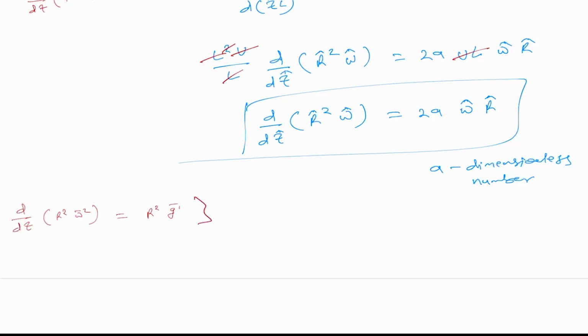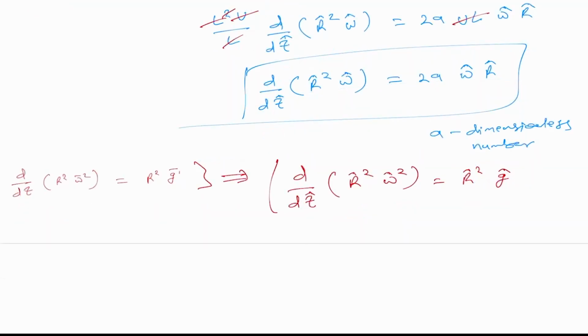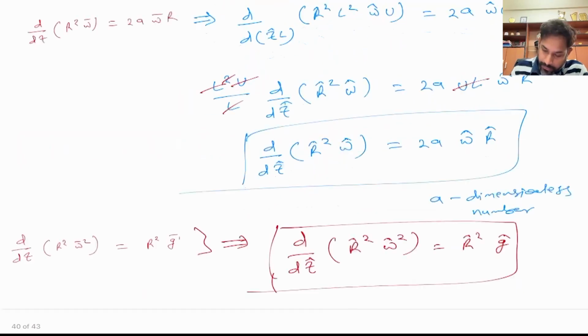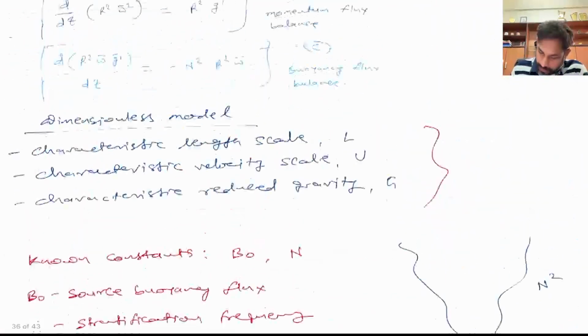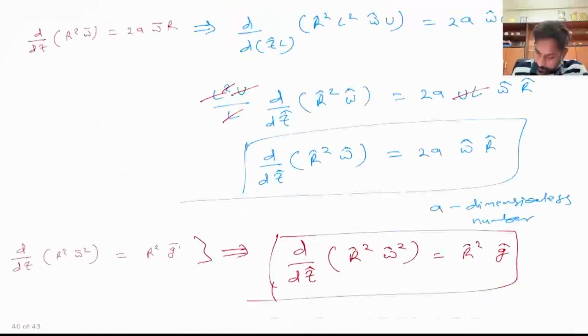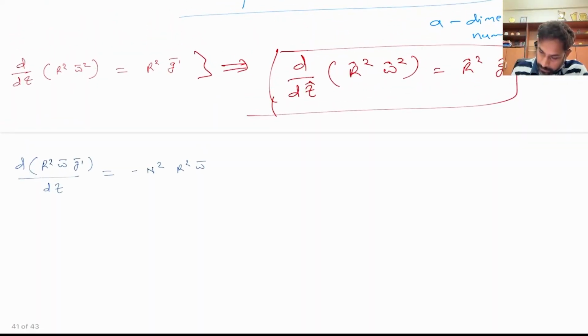If you apply the same procedure, you will end up with d by dz hat of R hat square W hat square equal to R hat square G hat. This is the equation you get if you simply repeat the process we have followed so far. The final equation is the buoyancy flux equation, and we will copy that here.